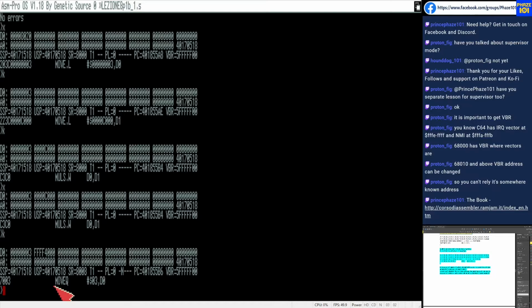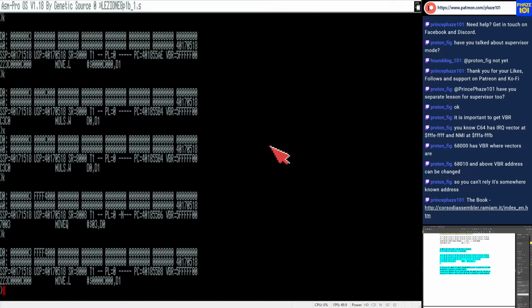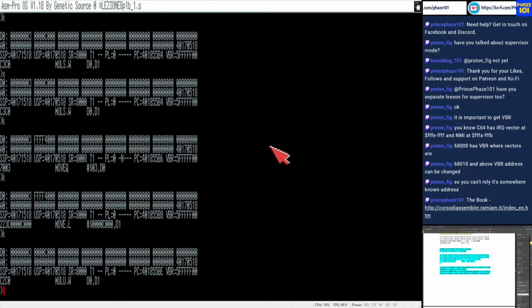If we execute the next one, we put 3 again into D0, and the same number, C00, into D1. But this time we are dealing with unsigned numbers.